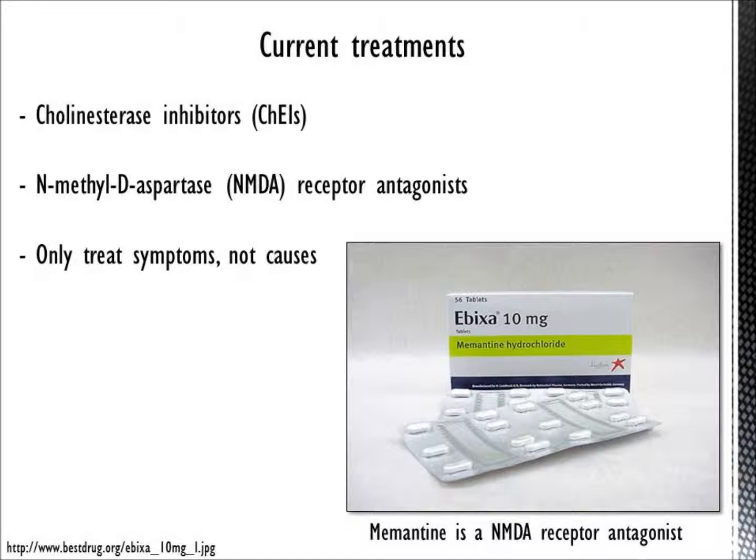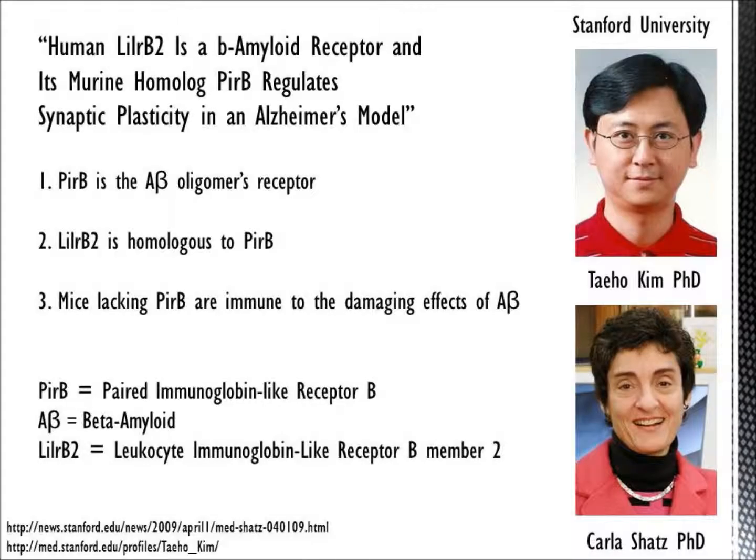However, experiments showing the efficacy of these medications have conflicting results. Although they made some small but significant improvements in slowing the rate of cognitive and functional decline, they are not a complete cure.